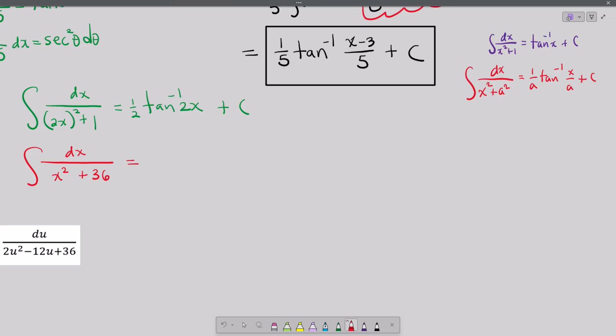And so watch what happens here. You could say, hey, this is in that form of the second one, and you could write your answer down right away. But if you do your algebra here, when you factor out the 36, you end up with the case where there's the 1. And right here, there is no 36, so you think in your mind, whether you write it or not, it's up to you.